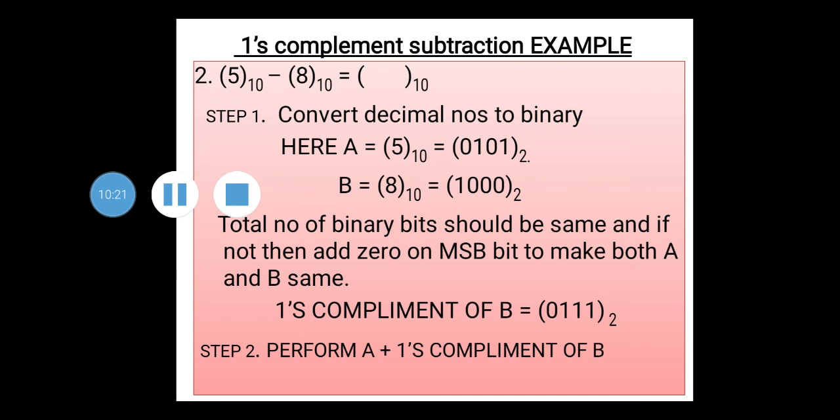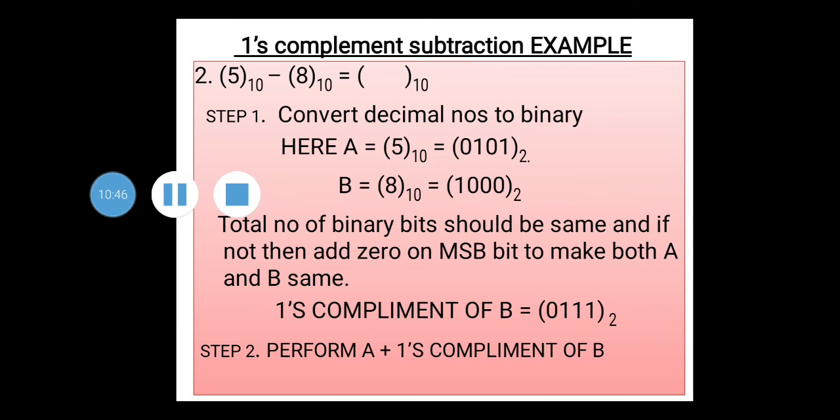So here 5 is equal to 0 1 0 1 and 8 is equal to 1 0 0 0. Here both 5 and 8 have a 4-bit length. So it is done.